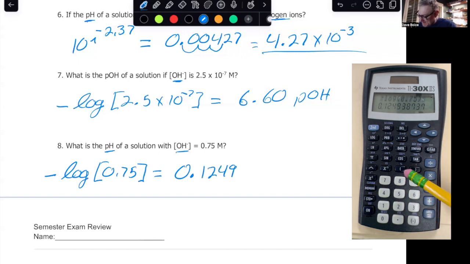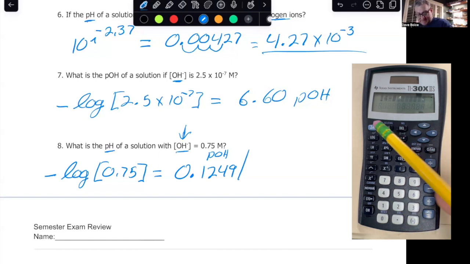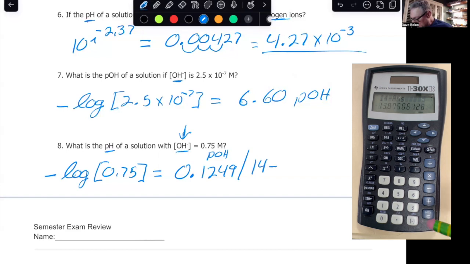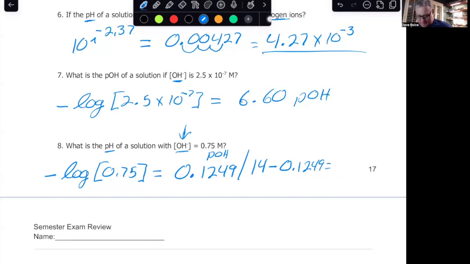Now, this is my pOH because I got this from the concentration of hydroxide. So what I need to do is convert that to pH. 14 minus my pOH, 0.1249, equals 13.88. So watch carefully, see if you need to do extra calculations.